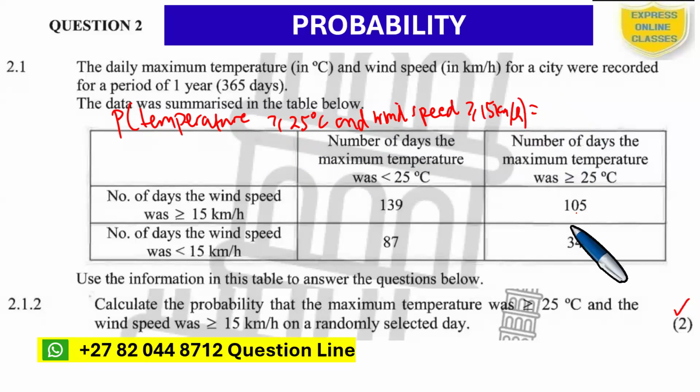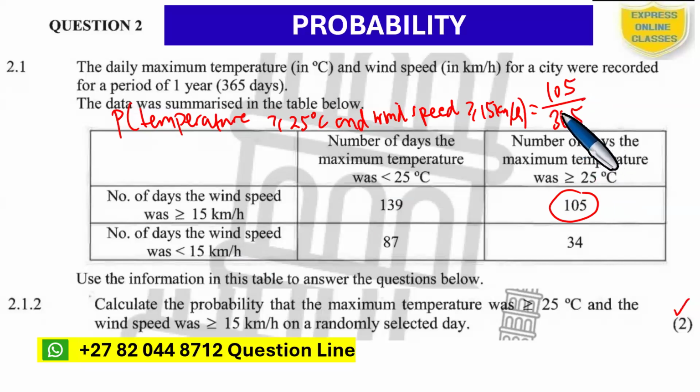would be the same as this one here, where the number of days the maximum temperature was greater or equal to 25 degrees and the wind speed greater or equal to 15. You have exactly 105 divided by 365.